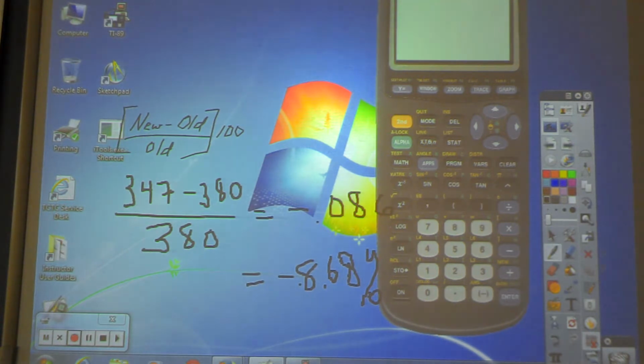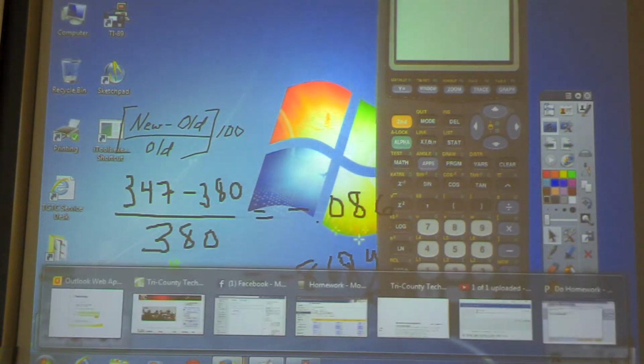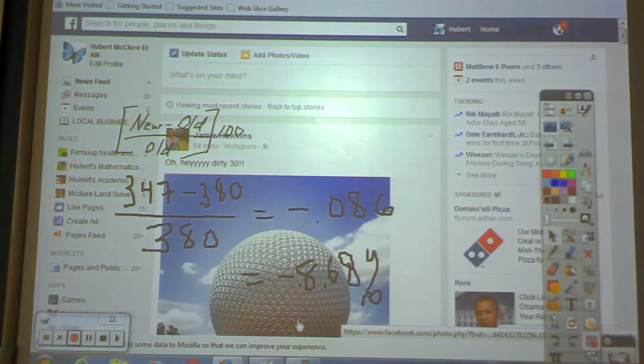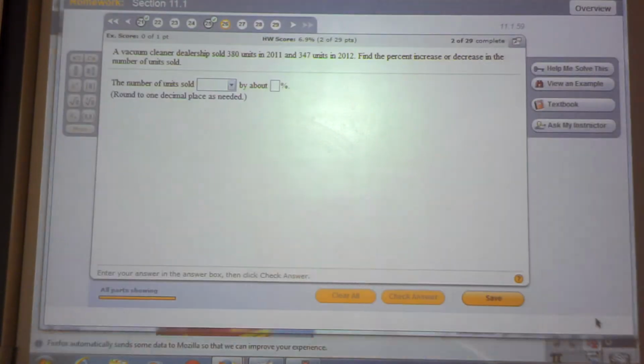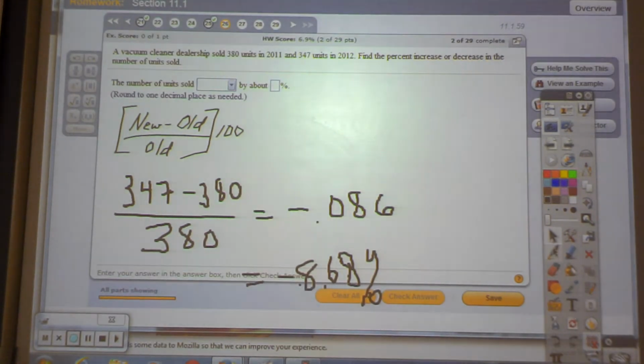So we go back to our problem, and we sit there and be confused because it asks for decrease or increase, and we sit there and go, I don't know. Number of units sold went from 380 to 347.